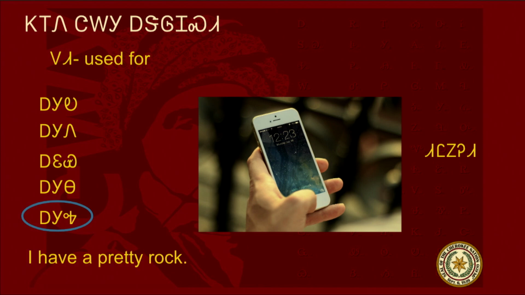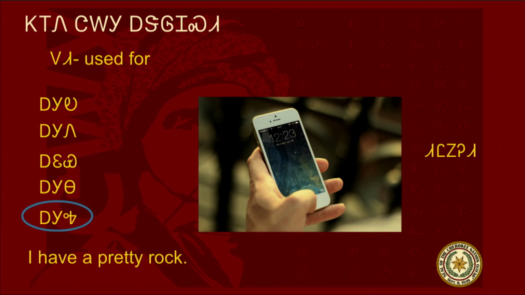All right? I have a pretty rock. This would be my daughter, because she loves to pick up rocks all the time. So I have a pretty rock. Okay? So you would put pretty rock, I have.